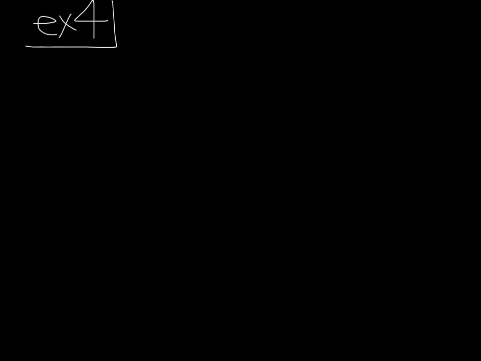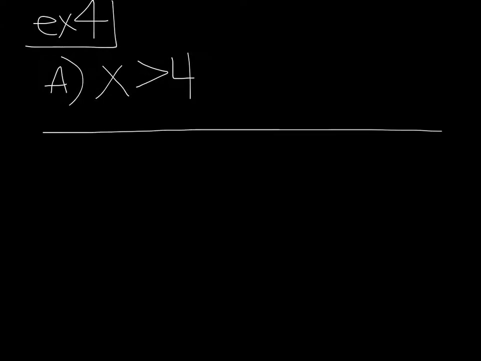Example 4 wants you to graph each inequality on a number line. So example A is x is greater than 4. So there's a lot of different ways we could graph this. The book is going to show it differently than I want you to. I always want to see where 0 is at.